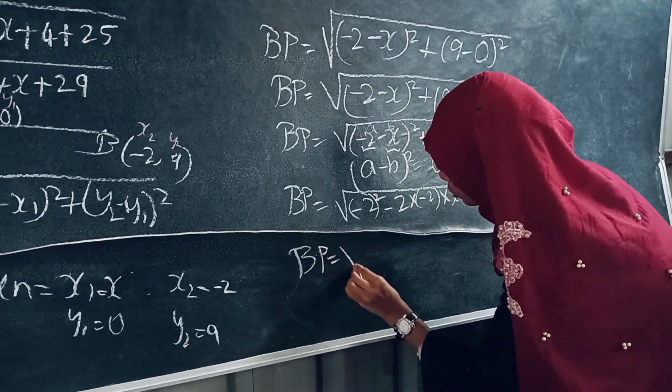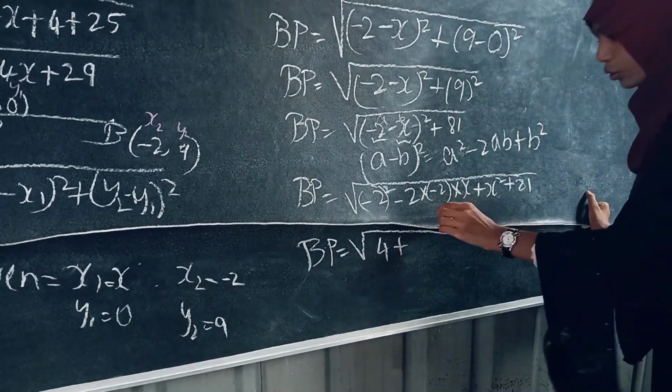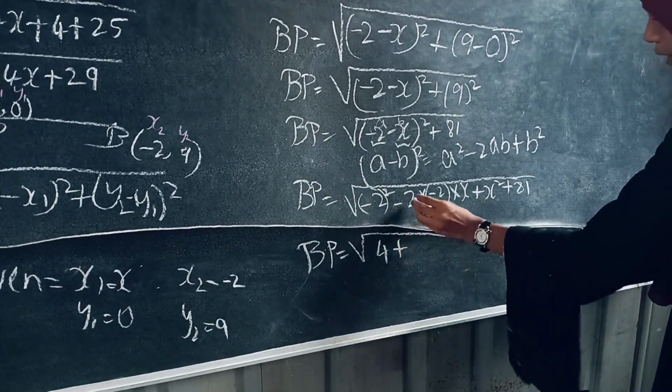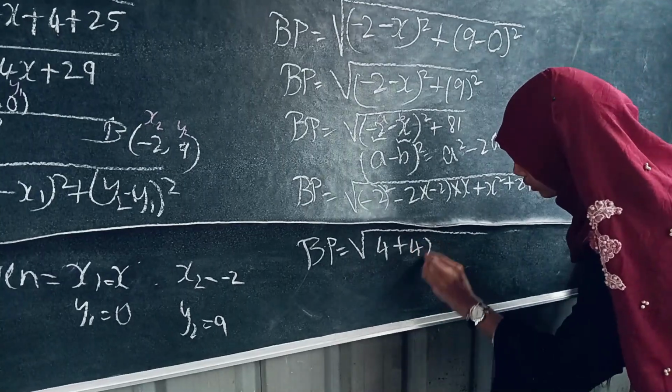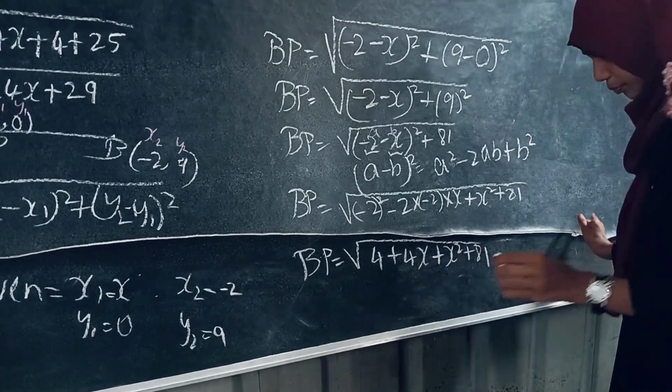BP is equal to root of 4 plus 2 into 2, which is 4x, plus x square plus 81.